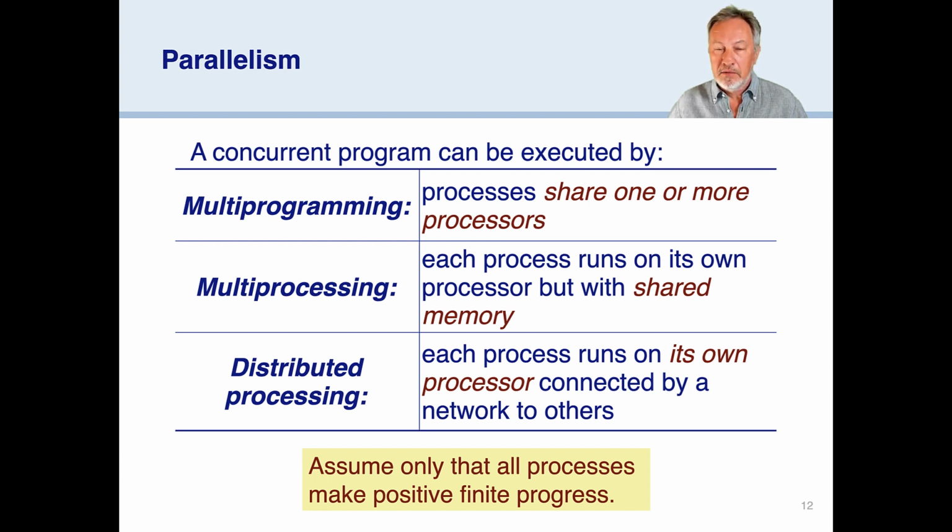Nowadays, when this material was first presented, most computers that were available had just a single CPU. Nowadays, any computer that you buy will typically have multiple CPUs and/or GPUs. That means when you're running a concurrent program, it may or may not be making use of multiple CPUs.